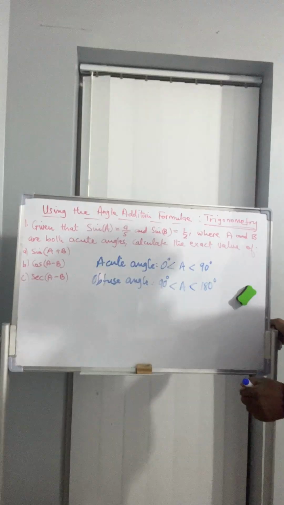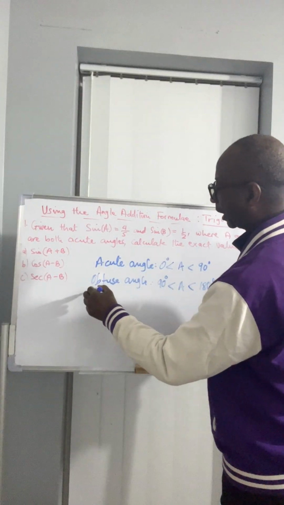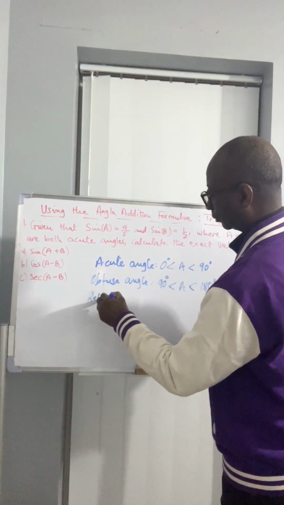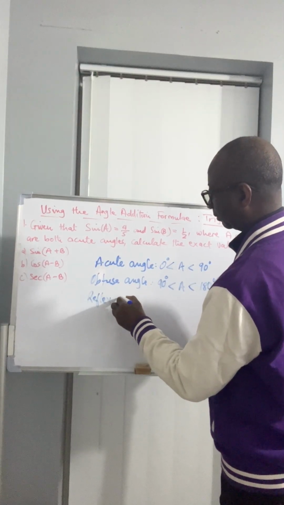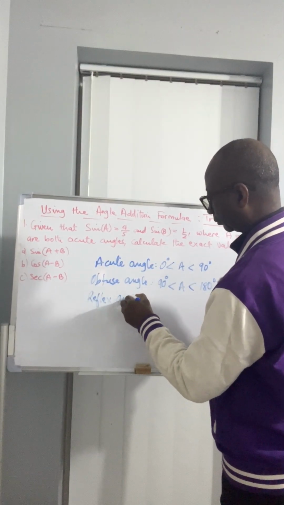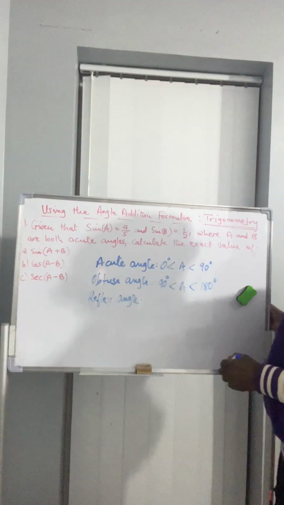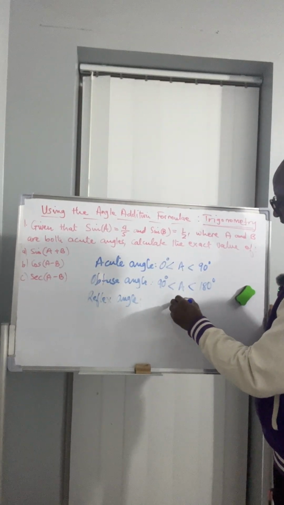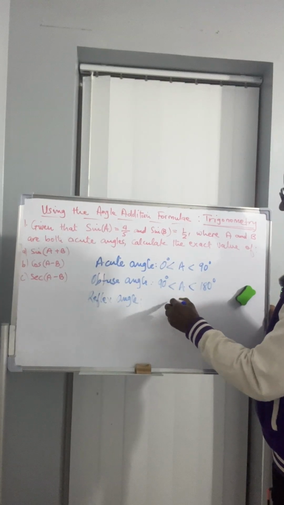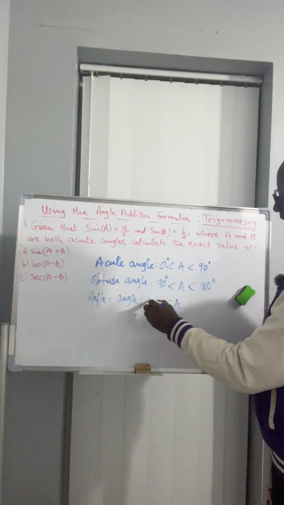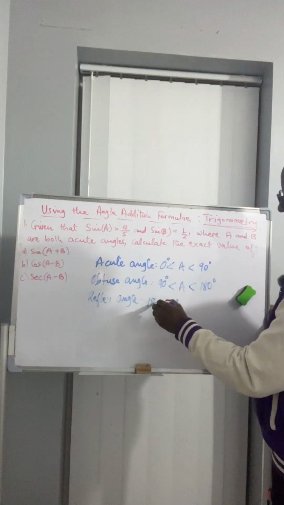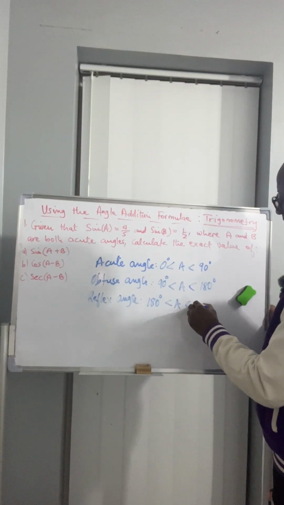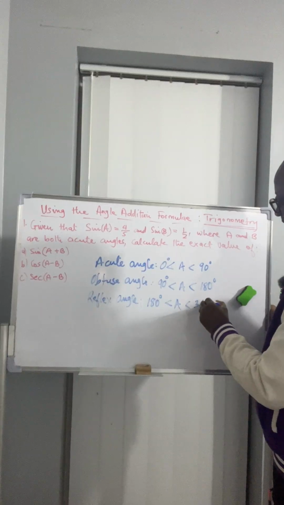And lastly, we have a reflex angle. You can see the pattern. If we say it's angle A, we are saying that that angle is greater than 180 degrees, but less than 360 degrees.